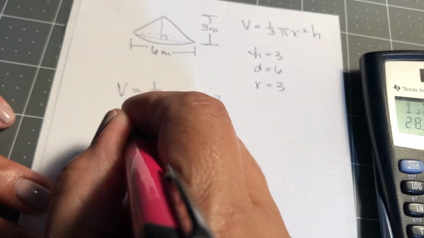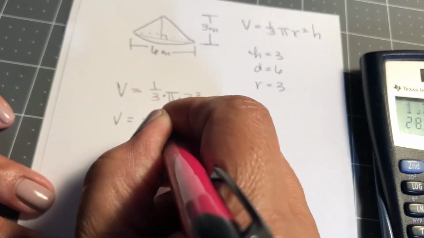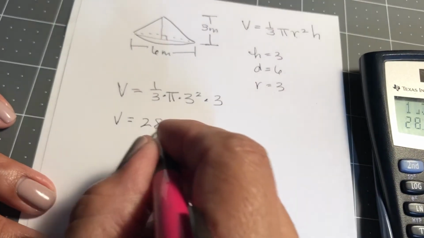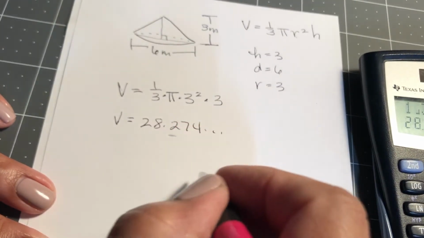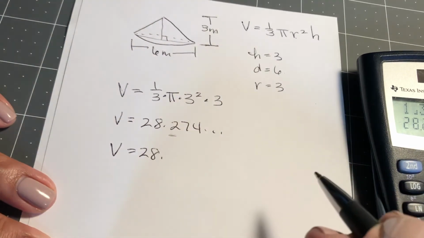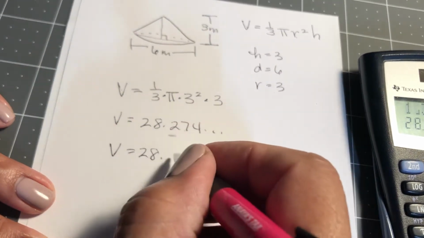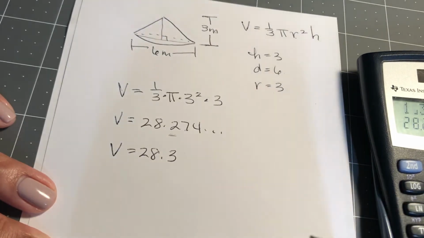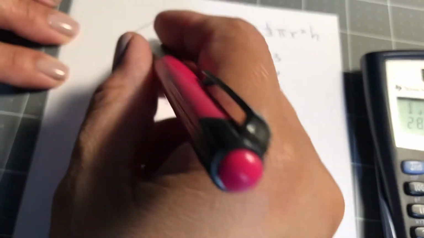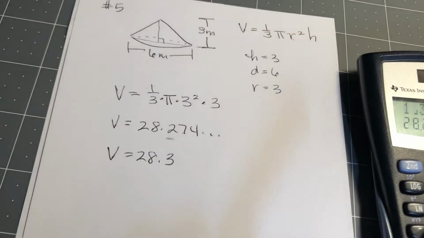So V equals 28.274, so forth. But we're only rounding it to the nearest tenth. So V in this case will equal 28.3. And that is for exercise number 5.